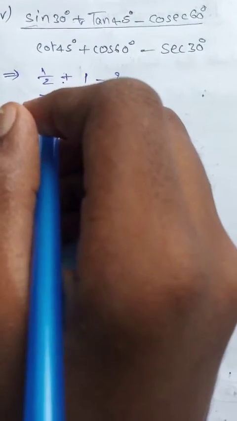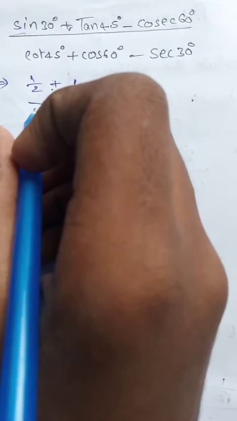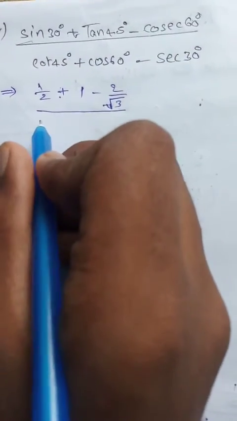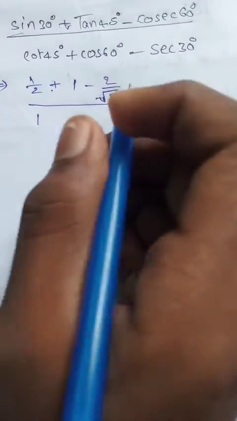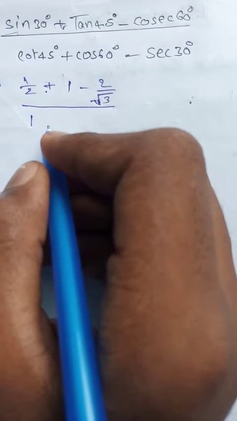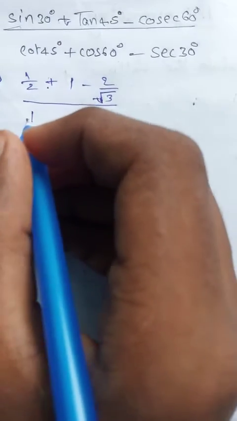And what is the value of cot 45? Cotangent we simply write as cot, we also know, guys. The value of cot 45 is 1. Tan 45 and cot 45 values are equal because they are reciprocals.